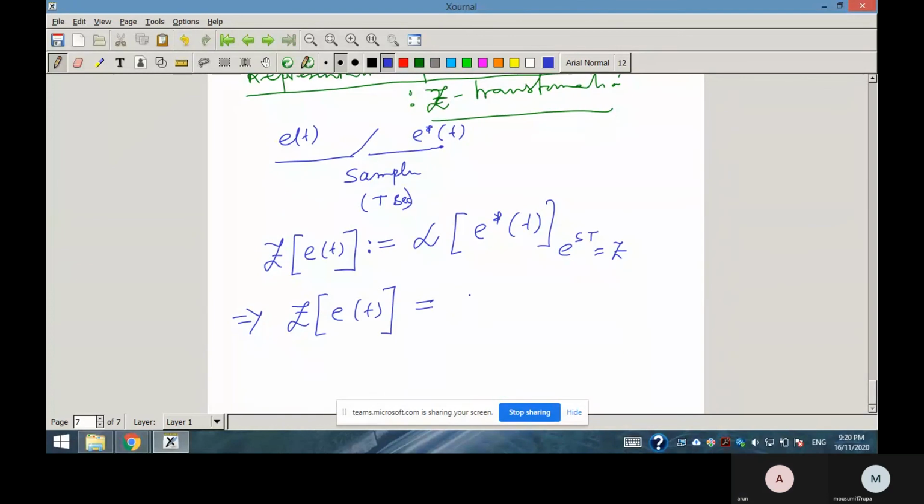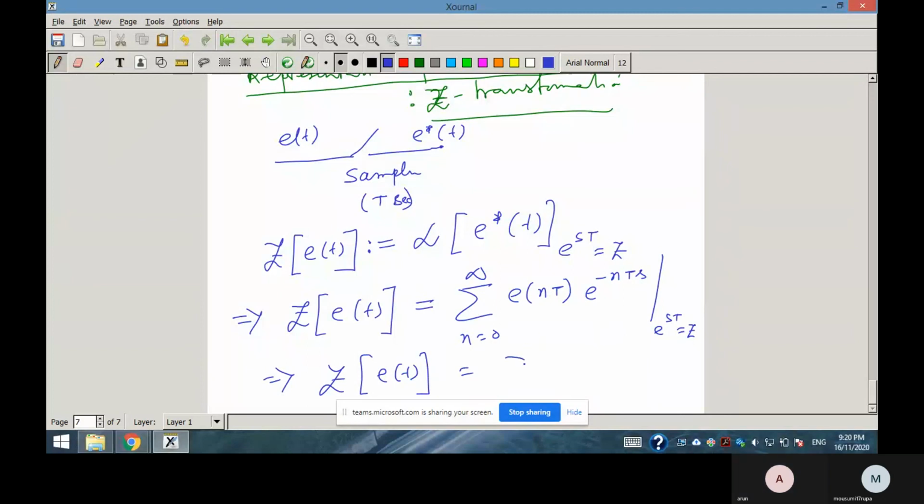Put e to the power sT equal to z. So the Z transform of E(t) is the summation for n equal to 0 to infinity of E(nT) into z to the power of minus n. Right. So this is defined as E(z).